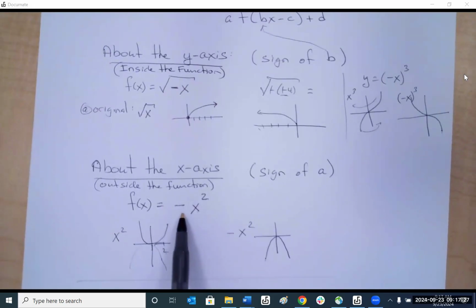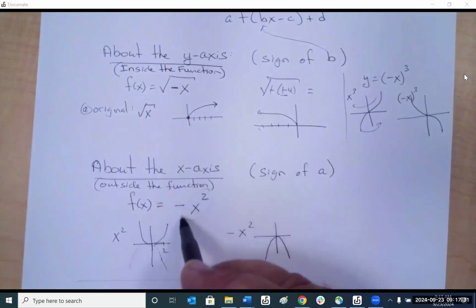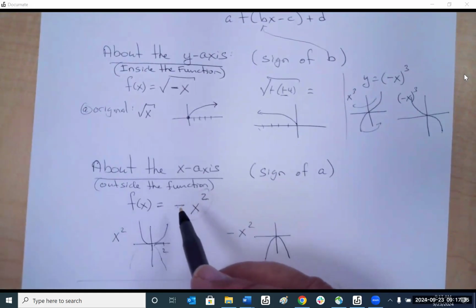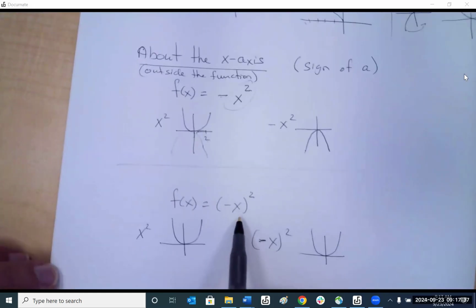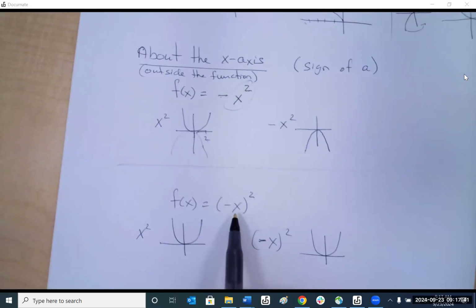In this one, order of operations says do exponents first and then make it negative. So I flip it to the negative now. This one, order of operations says I do inside the parentheses, which is a flip on a horizontal, and then I square it.